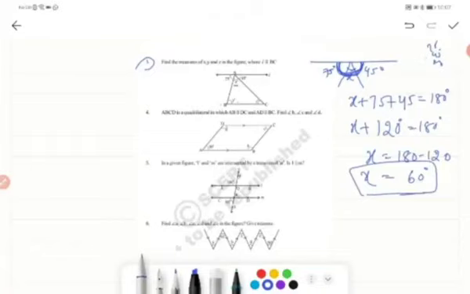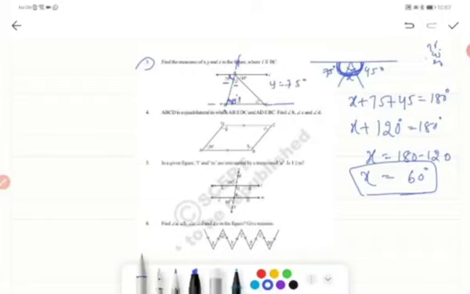Now they're asking again what is y and what is z. It's very easy. You have this parallel line, and if you consider this as a transversal, when you need to find this angle y, you know this angle is 75 degrees. So y and this 75 degrees are alternate angles. Therefore y will be equal to 75 degrees.